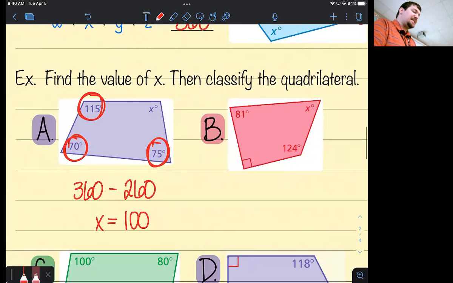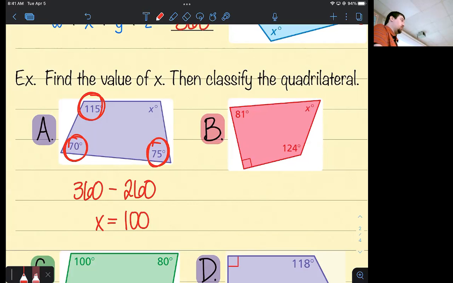It says now classify the quadrilateral. Does this quadrilateral have any parallel sides? No. So it's not a trapezoid because that would have one pair. And it's not a parallelogram because that would have two pairs. That leaves you with a kite. Does it look like the adjacent sides are equal to each other?